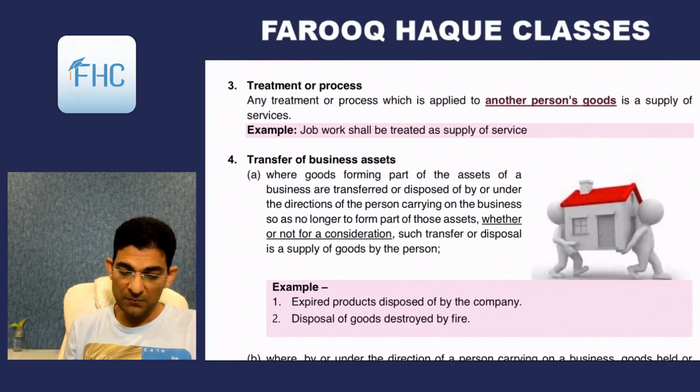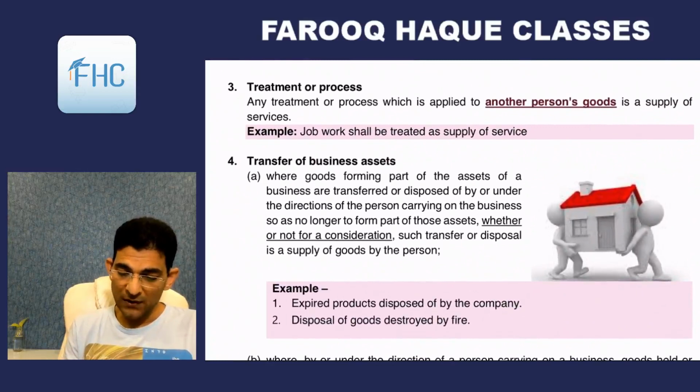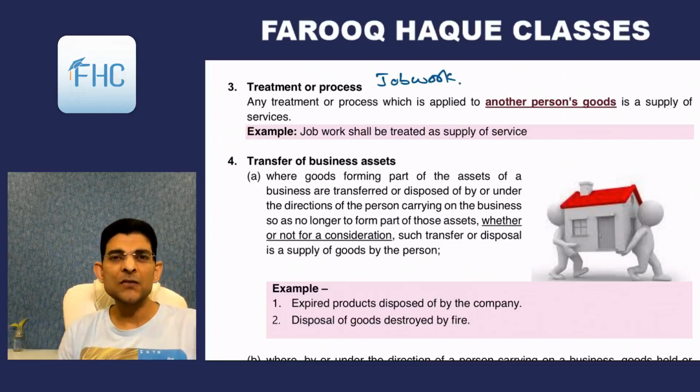The next is treatment or process. You can write down there job work. This is called as job work. Means somebody sends his goods to me for some kind of work to be done on it. Maybe some repair is to be done, or some other kind of testing is to be done, or some features are to be added, some polishing is to be done, something has to be done on the goods which are supplied by another person.